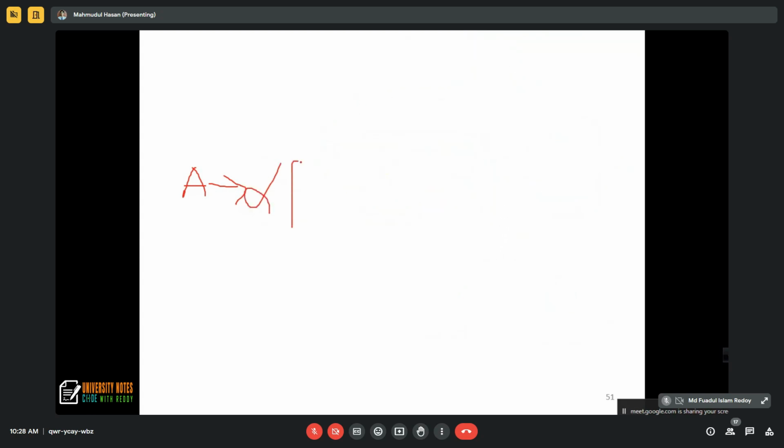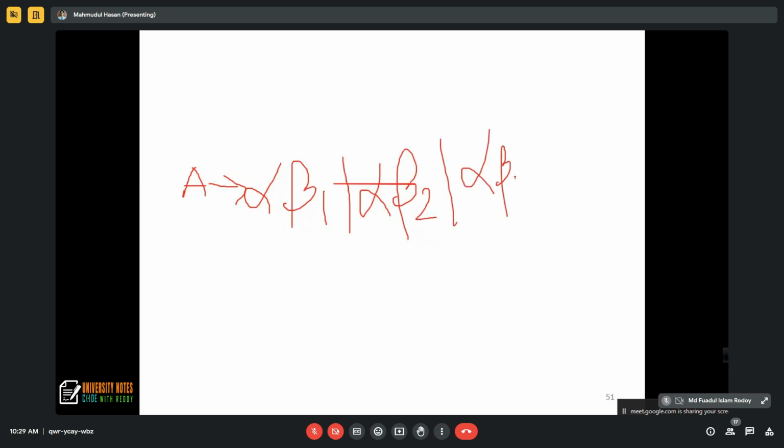A → alpha beta 1, alpha beta 2, alpha beta 3, up to alpha beta n. You can solve this common prefix problem by replacing this production rule. What is our common prefix? That is alpha.